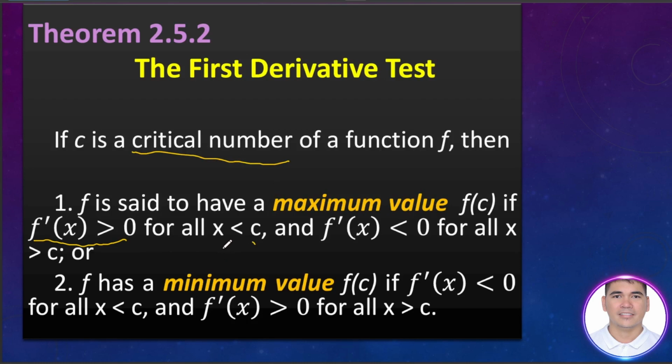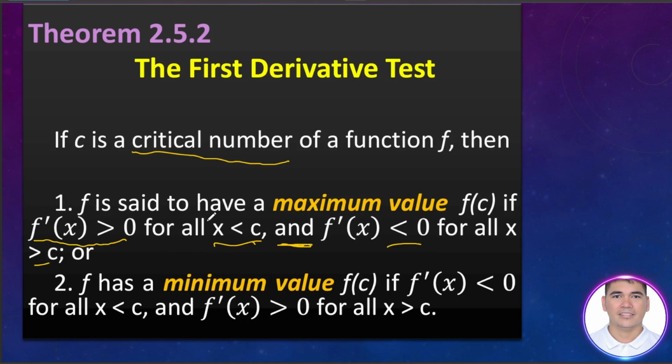Take note, we have the word and. The derivative is less than 0 for all x greater than c. So these are the two conditions.